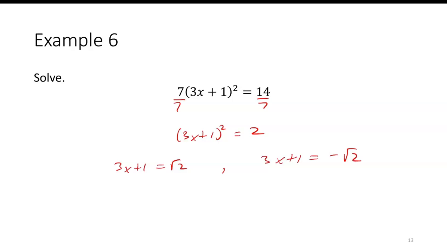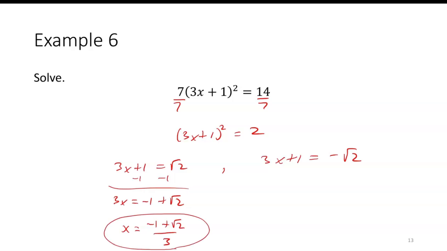And square root of 2 is not a nice, neat number. This is about the best we can write it. So if I subtract 1, I would have 3x is equal to negative 1 plus the square root of 2. And then if I divide everything by 3, I'll have (negative 1 plus the square root of 2) over 3. Which doesn't look particularly pleasant, but that's the best we can do for this problem.